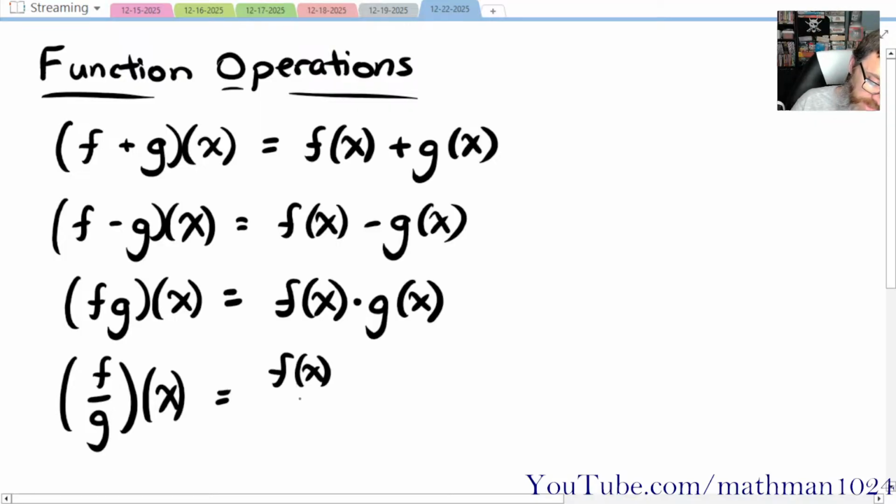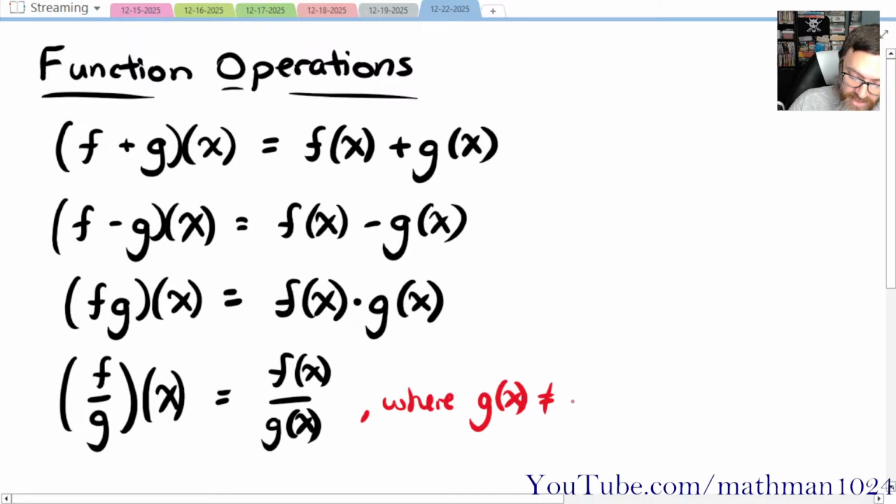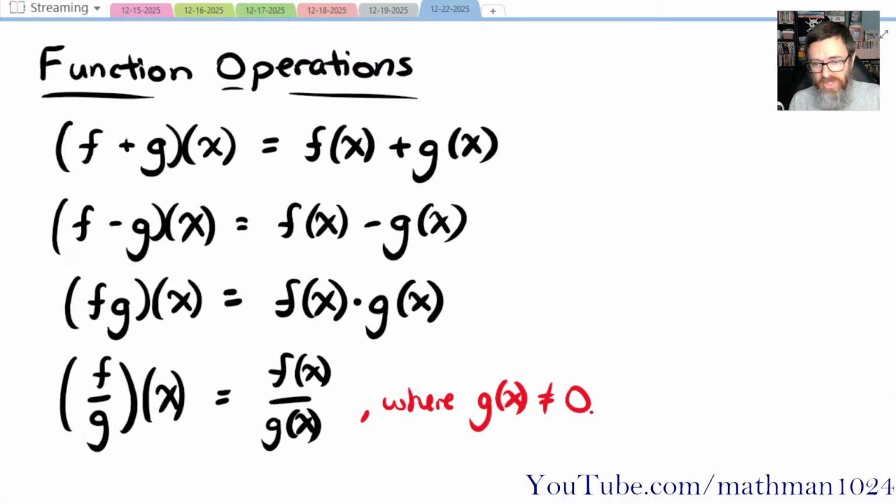That's going to be f of x divided by g of x. The one thing to watch out for here, because we're dealing with fractions, is that your g of x function is not the zero polynomial. Because if g of x is equal to 0, like y equals 0, then you can't do the quotient of these two functions because you would have something that is perpetually undefined.